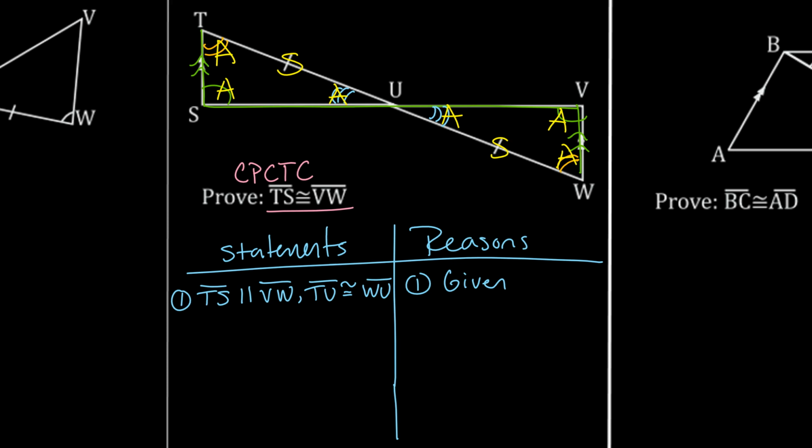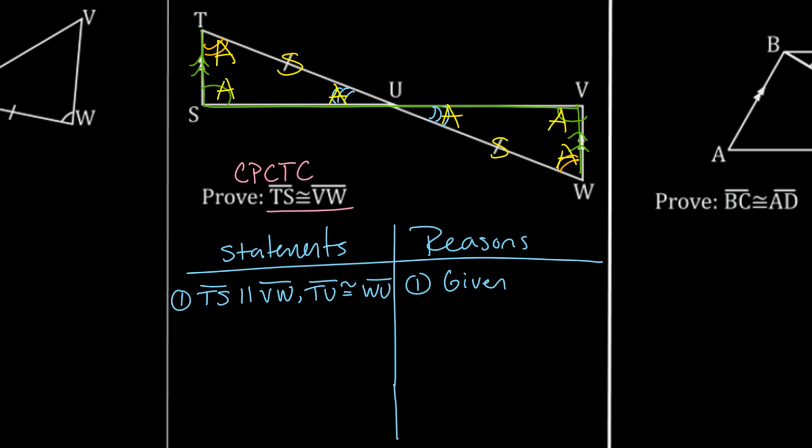Alternate interior angles. Because we're choosing ASA, which angle do I need to say is congruent to another angle? TU congruent to UW. Oh, that was in the given. I don't need to restate that.